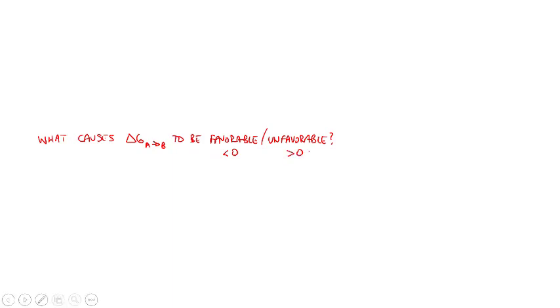So what causes the free energy of moving from side A to side B to be favorable or unfavorable? By favorable, I mean less than 0, unfavorable, greater than 0.